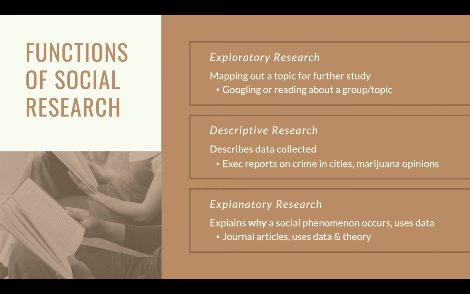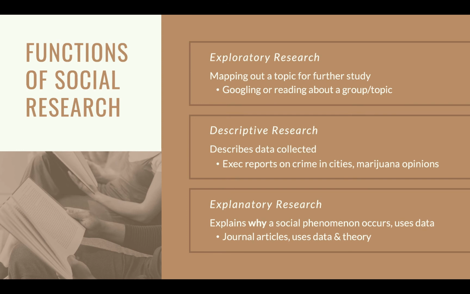While those are all good, they're not the type of research that we engage in as master's students or PhD students. Exploratory research and descriptive research are kind of surface level. They're not really looking at relationships between variables. However, what we do is explanatory research. We explain why a social phenomenon has occurred. So we use data to come up with explanations.